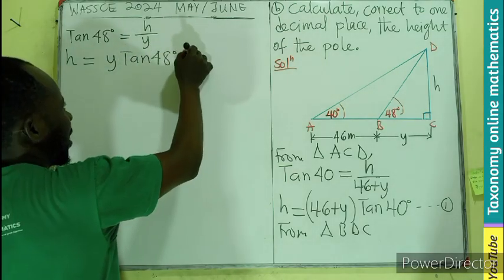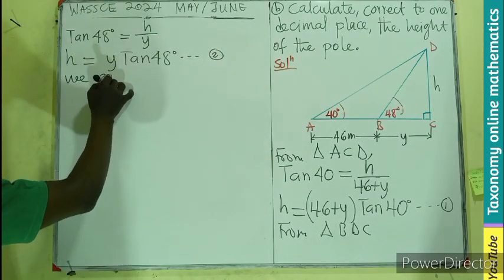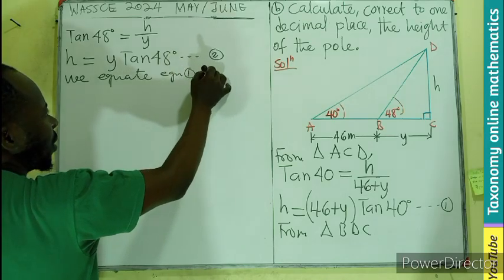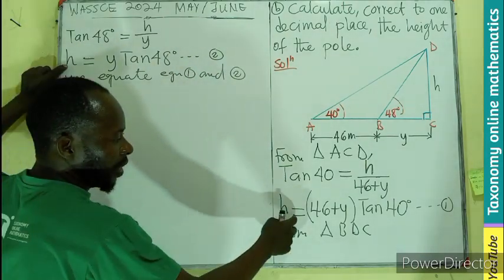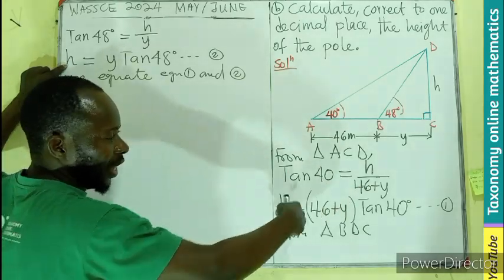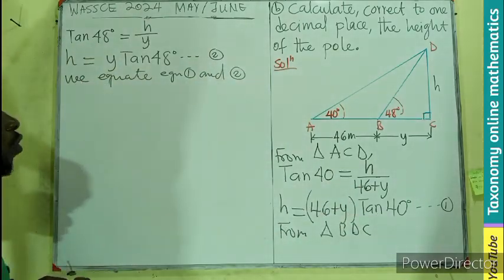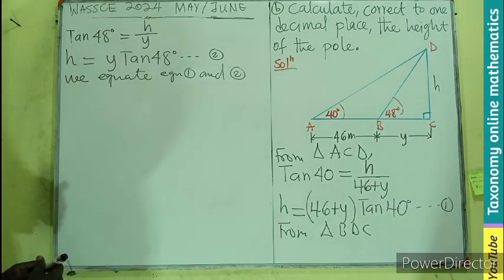So if this is equation 2, we equate equation 1 and 2. Since the first equation is in terms of h equals, we can equate the two right hand sides to become the same.